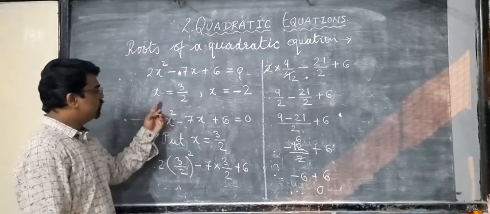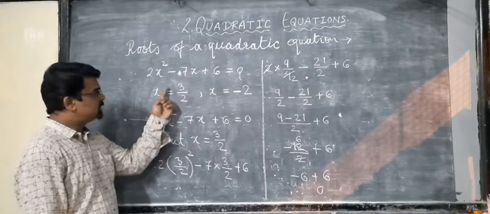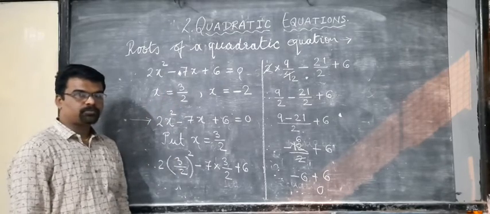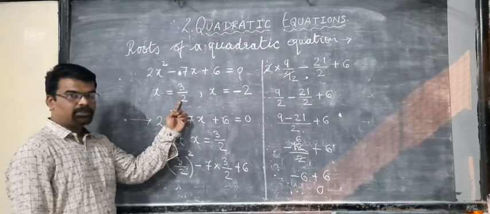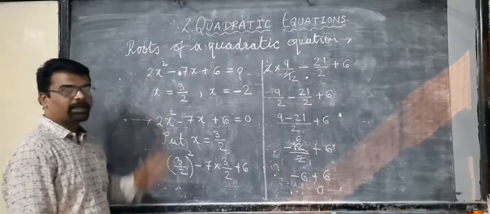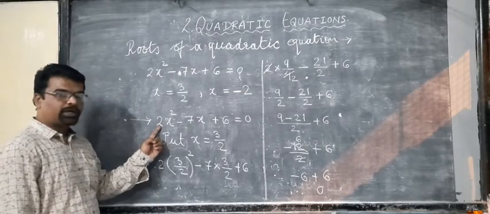First we will try to solve it by taking the value of x as 3 upon 2. We will check whether x is equal to 3 upon 2 is the solution or root of the given quadratic equation. First of all, write the given quadratic equation.